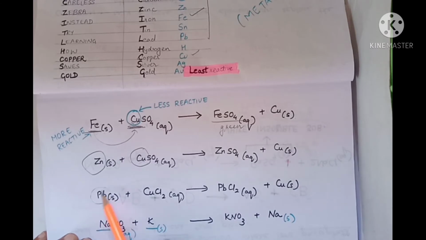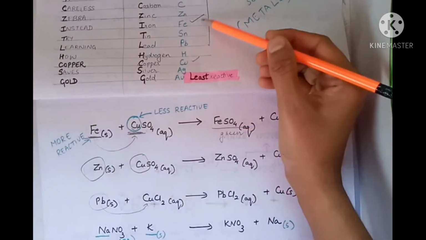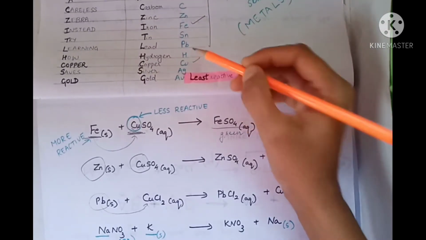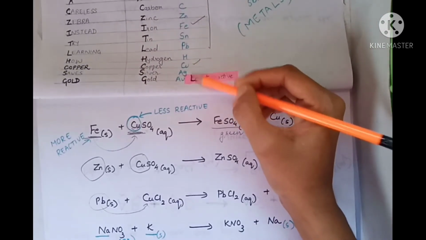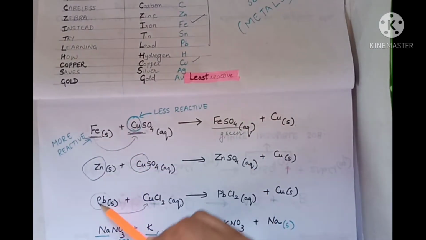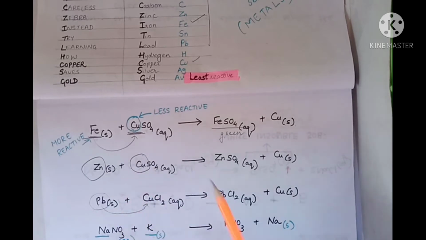So lead takes the place of copper, PbCl2. Lead chloride and copper. Again we look over here, we can see that copper comes towards the least reactive than Fe, Zn or Pb, that is iron, zinc or lead.